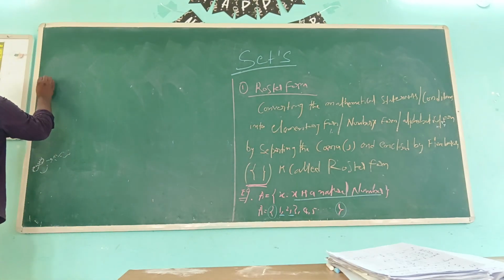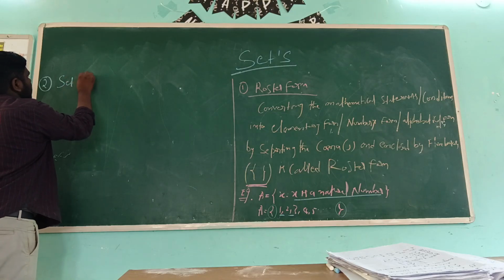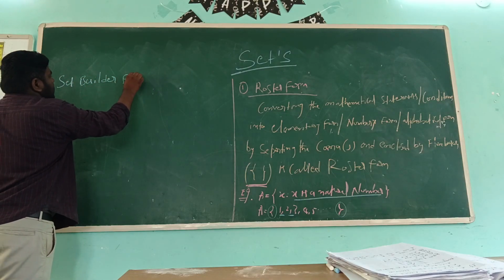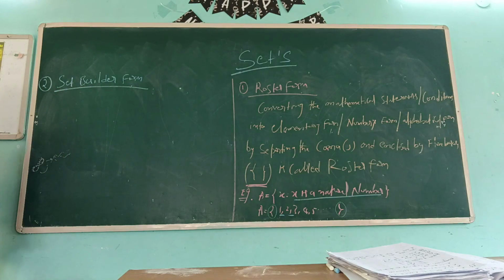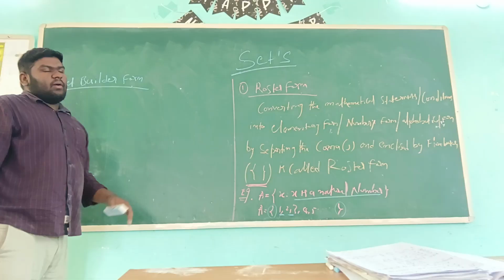What is the second one? Set builder form. Understood? This is the opposite of roster form.